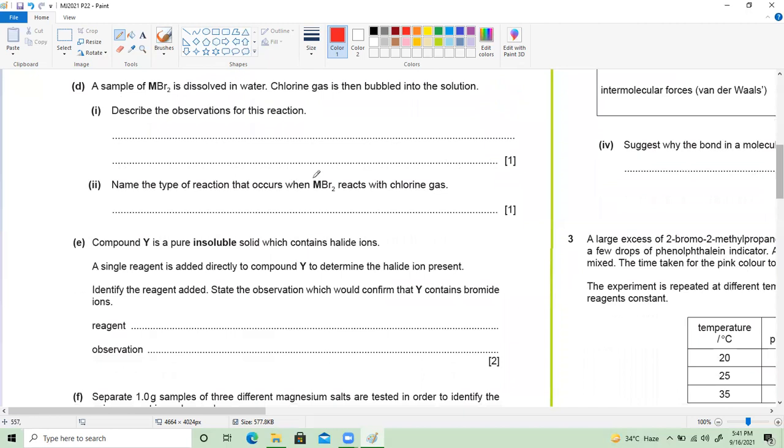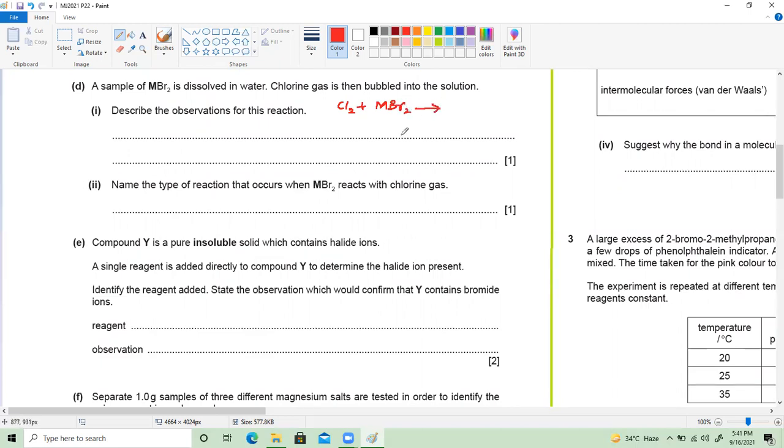Okay, take a look at part D of the question. A sample of MBr2 is dissolved in water. Chlorine gas is then bubbled into the solution. Describe the observation for this reaction. Now you know that overall, chlorine gas is bubbled through MBr2 aqueous solution.